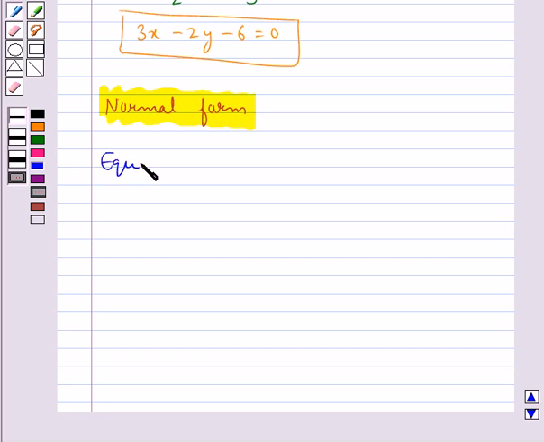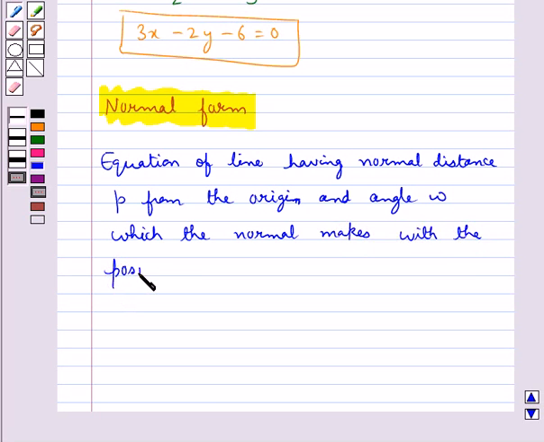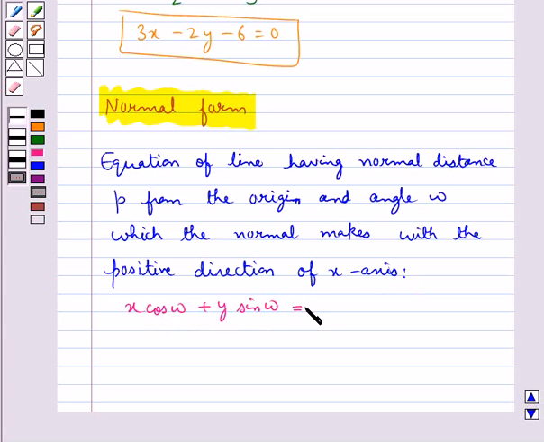Then the equation of line having normal distance p from the origin and angle omega, which the normal makes with the positive direction of x-axis, is given by x into cos omega plus y into sin omega equal to p.